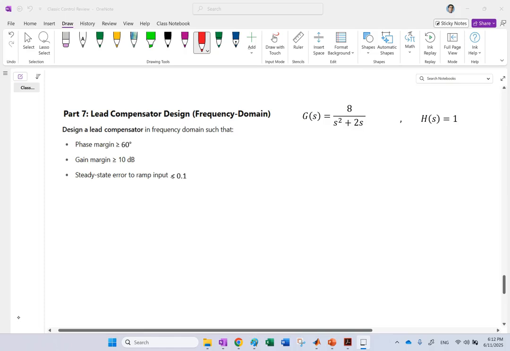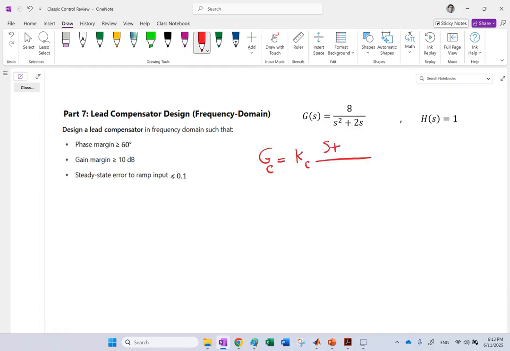If you watch my videos on the playlist, control, for lead compensator design in frequency domain, you remember that the lead compensator has this form. It is Kc times (s plus 1 over T) over (s plus 1 over alpha T), where alpha is less than 1.